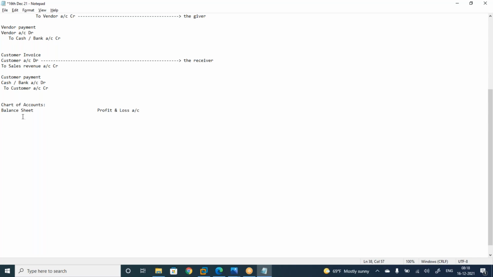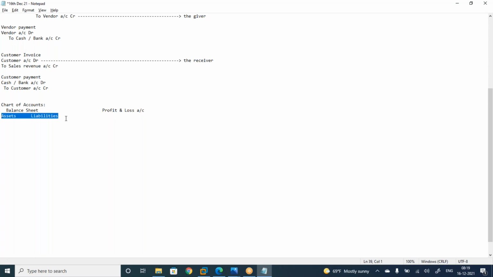This balance sheet is divided into two parts. One is assets, another one is liabilities. This is the only classification as per commerce: assets and liabilities.